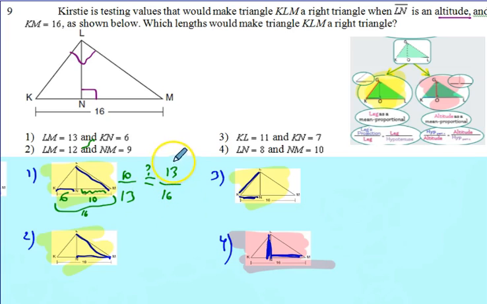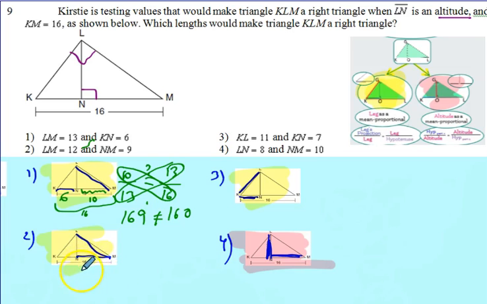What I will do is check if the product of means equals the product of extremes. This is 160. So, no, these two, left and right side, are not equal.